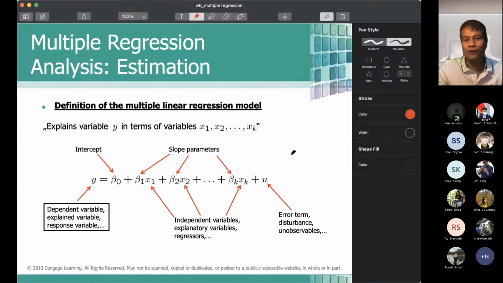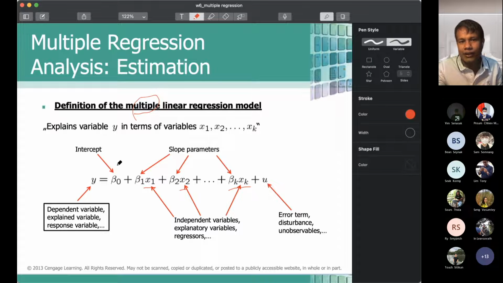All right, class. This is how multiple regression looks like. So for simple linear regression, we only have one x, right? But for multiple regression, as you see from the term itself, multiple linear regression, it means that this time you have more than one independent variable. So you have here x1, but you also have x2, x3 until xk. All right.